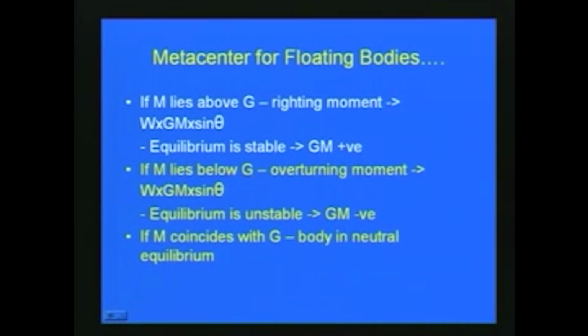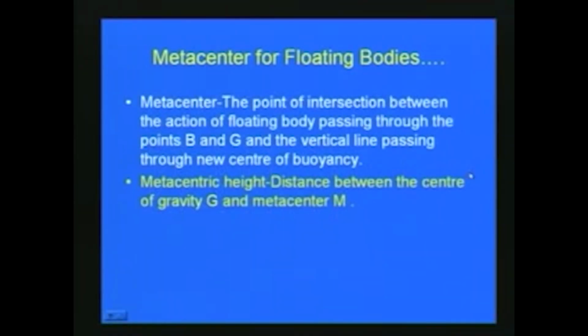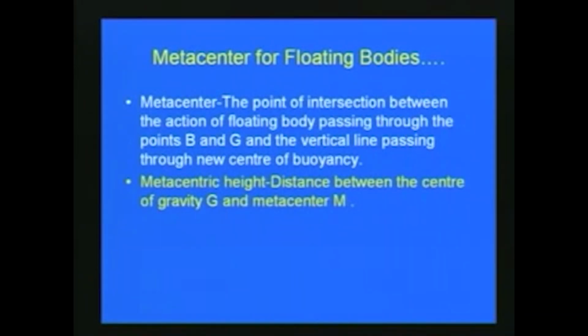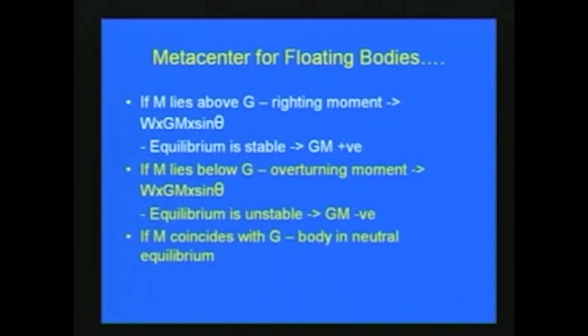And if M lies below G, when we are giving a large displacement, then there will be an overturning moment, W, the weight of the body, multiplied by GM into sin theta, and the equilibrium is unstable, and here GM is negative.